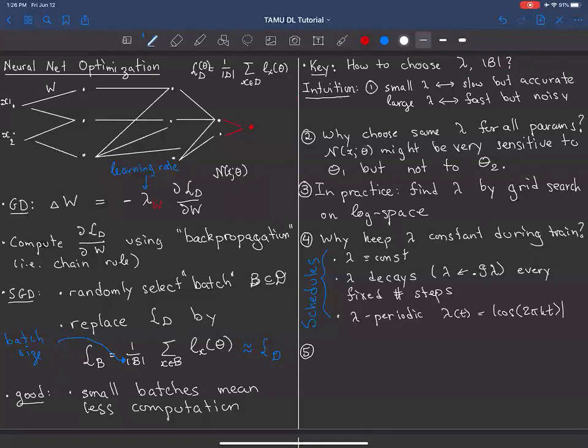The simplest way I know to see this is, imagine asking, what's the effect of taking a small batch size or a large batch size? The effect of batch size is over here on the left. It's in the random estimate you have for the true loss L that you're trying to minimize.